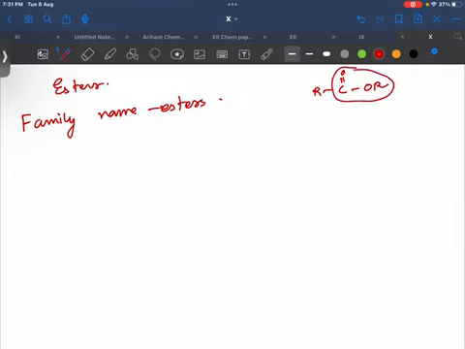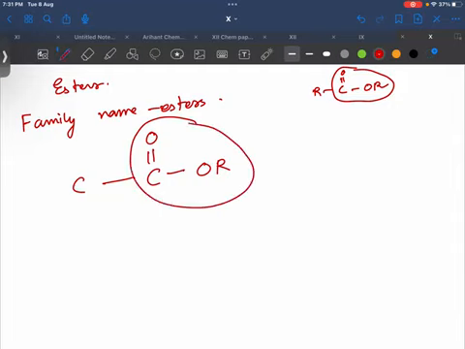So it is represented like this. R, C double bond O, R. This is your functional group. The functional group is COOR for esters.